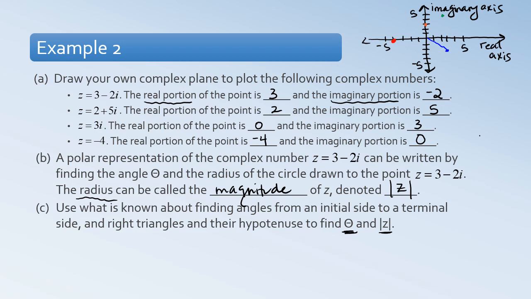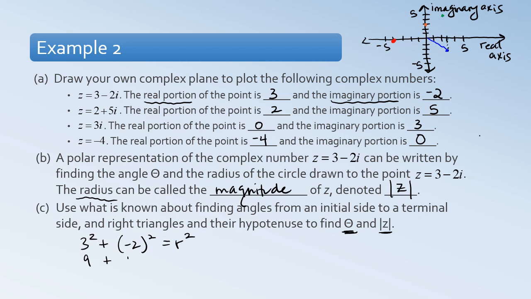I can identify from what we've done before, a right triangle where the hypotenuse is what I'm trying to find. This seems to have legs that are 3, so I'm going to say 3 squared plus negative 2 squared, and that's going to give me r squared.